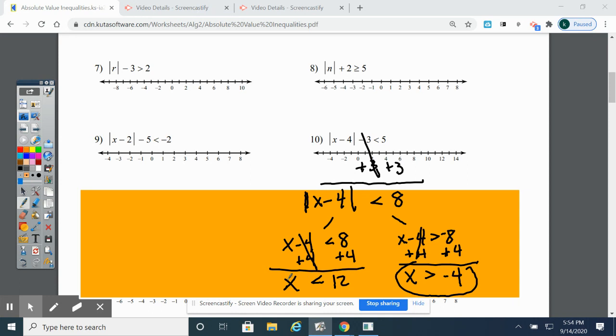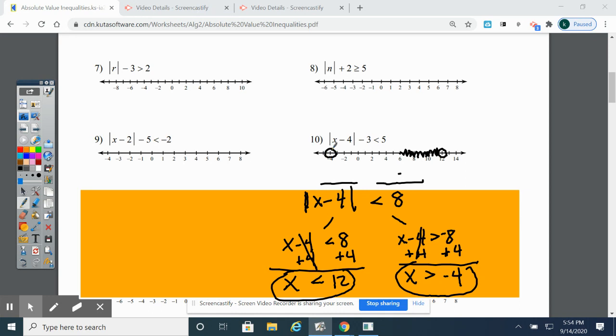So here's what we've got. A graph here. I'm going to uncover our graph, see if I can erase some of this. All right, x is at 12, but it doesn't have a line, so it's going to be an open dot. And the arrow's pointing left, so we want to shade to the left of 12, anything less than 12. This one, no line, it's at -4.